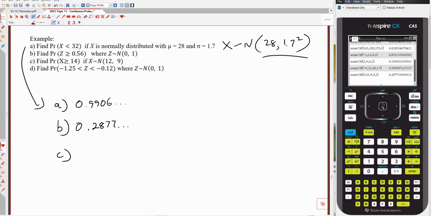Okay, find the probability that the random variable is above 14 if the mean is 12 and the standard deviation is 3. So let's just get this one here. So we're going from 14 to positive infinity. The mean is 12, and yeah, just be careful here. Don't type in 9, type in 3.